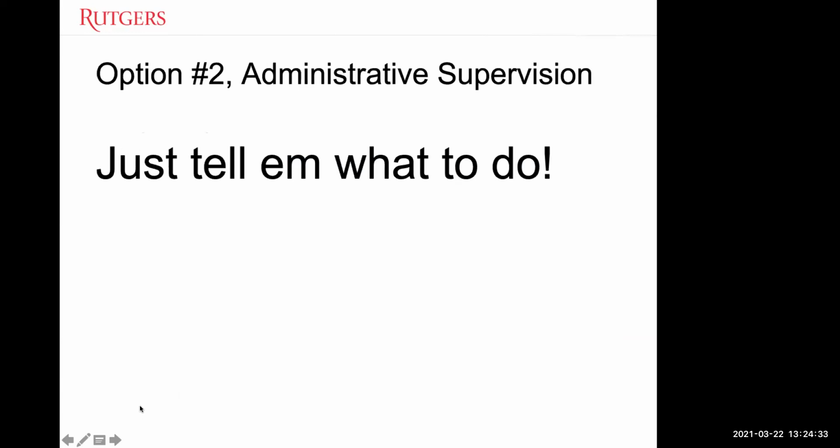Option number 2, administrative supervision, and this is pretty common, where we just tell folks what to do. What we find here is that telling somebody to do a complex clinical intervention has very little impact on their ability to do it.